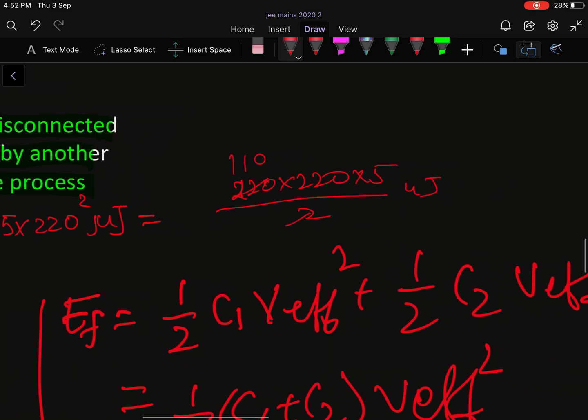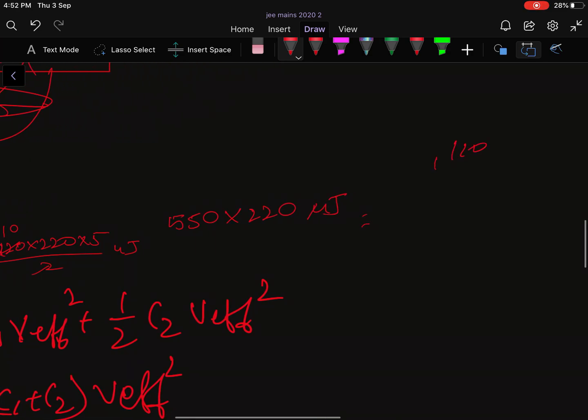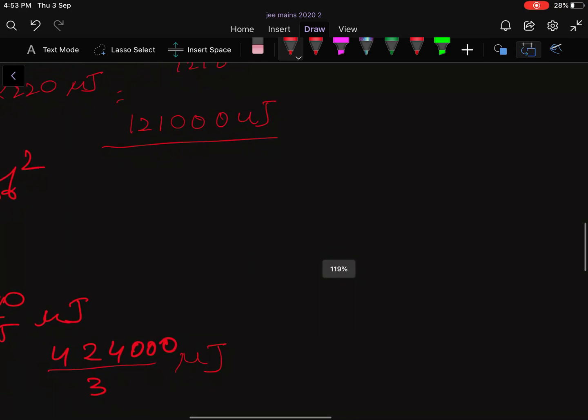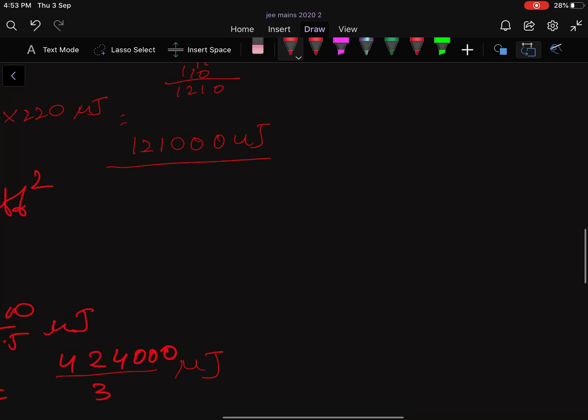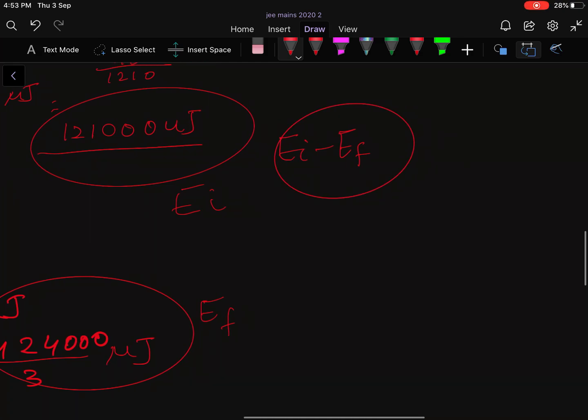When you solve it, it will be 121000 microjoule. Now you know the energy initial and the energy final. Subtract them, E initial minus E final will give the heat loss.